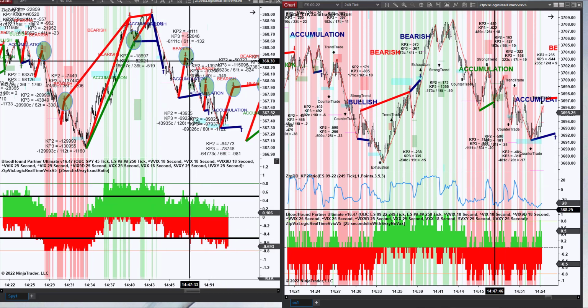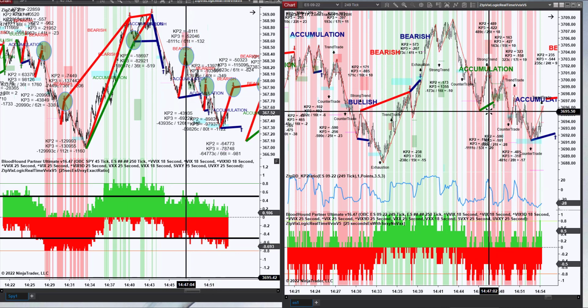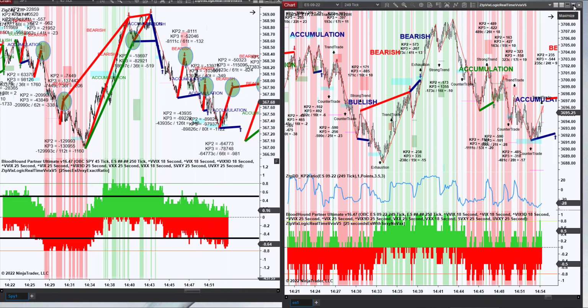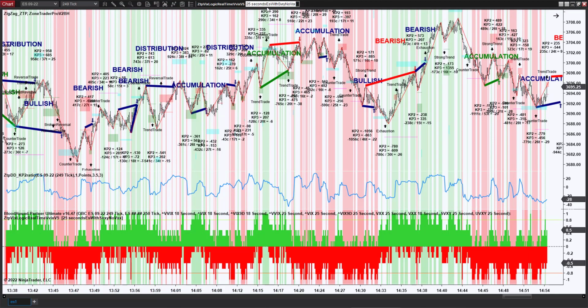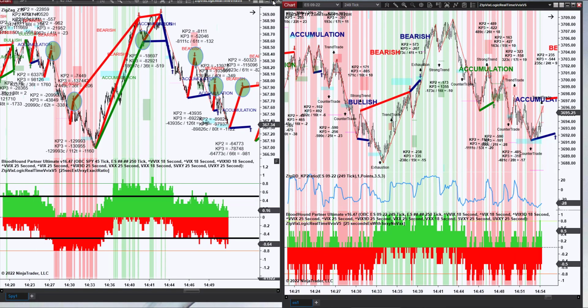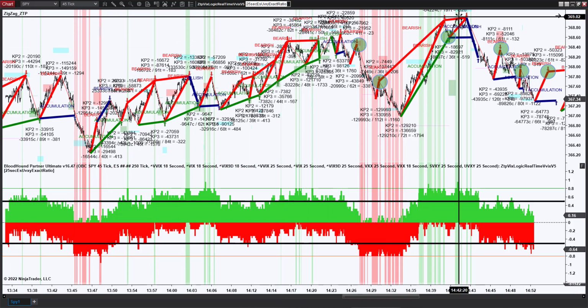And then when those coincide with our regular Bloodhound template, here I'm using the 25-second ES with the SVXY. The name of this template is the ES UVXY exact ratio.